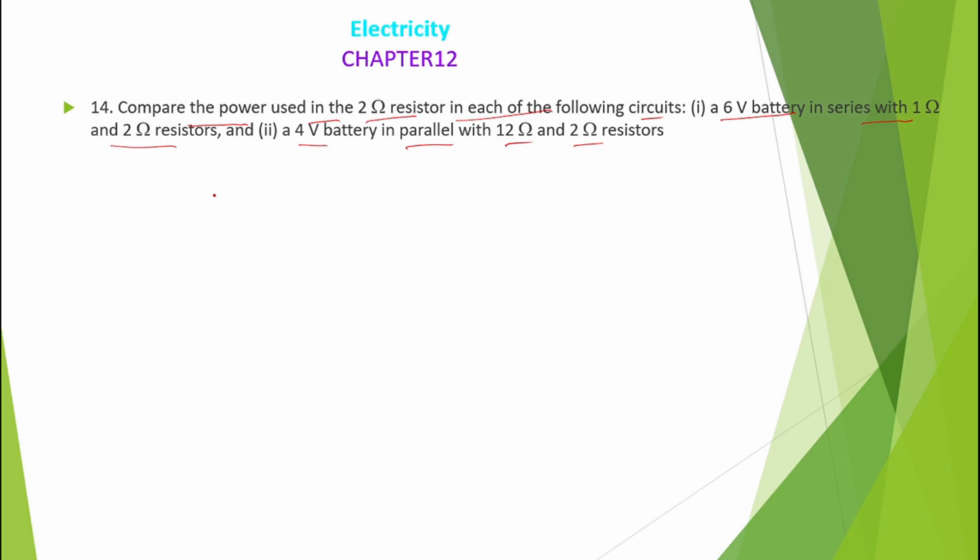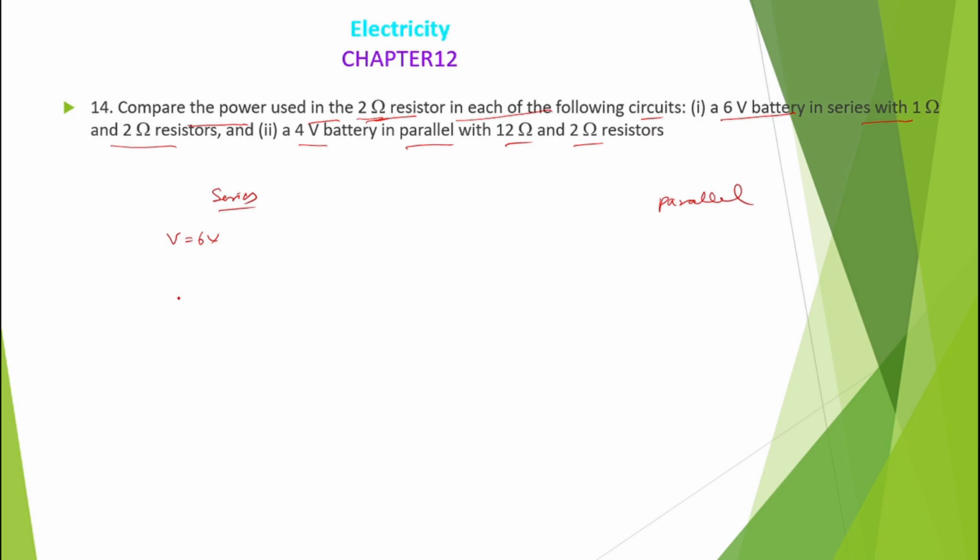So here he is having two types of connections, one is series and another one is parallel. And he is asking for the power used in the 2 ohm resistor.